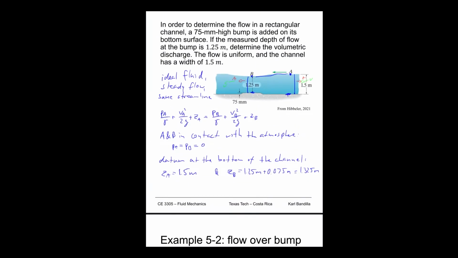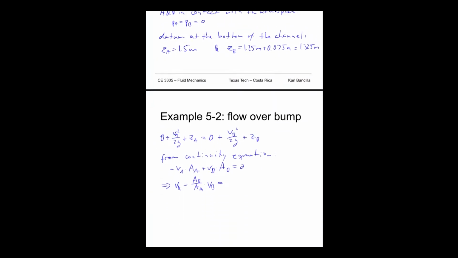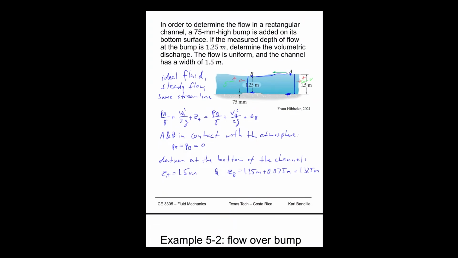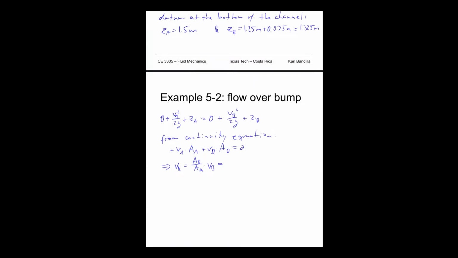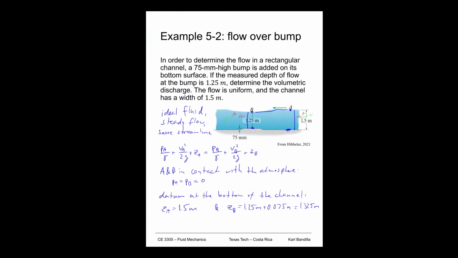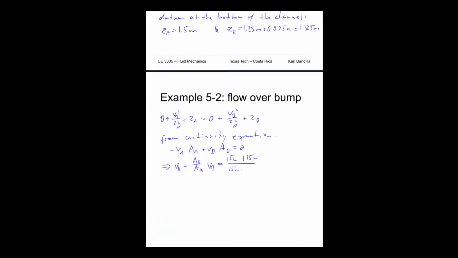What do we need first? We need B first. At B the height is going to be 1.25, and it says it's 1.5 in width. So we'd have 1.5 for the width times 1.25 for the height, divided by 1.5 for the width. And here, of course, we have the depth of 1.5, so times 1.5.